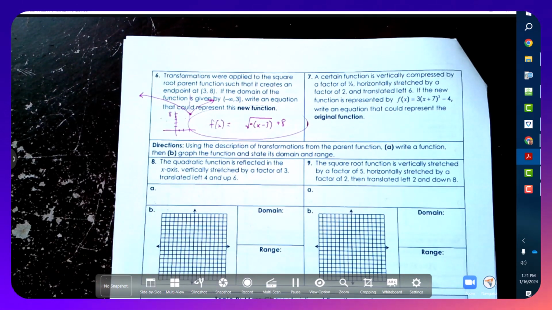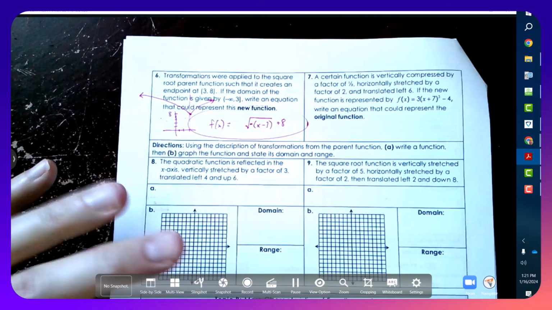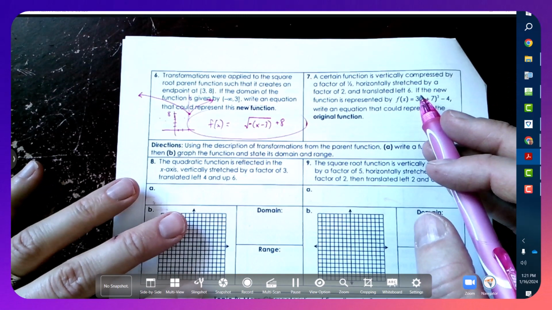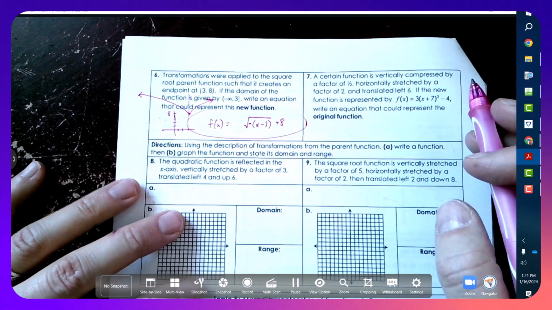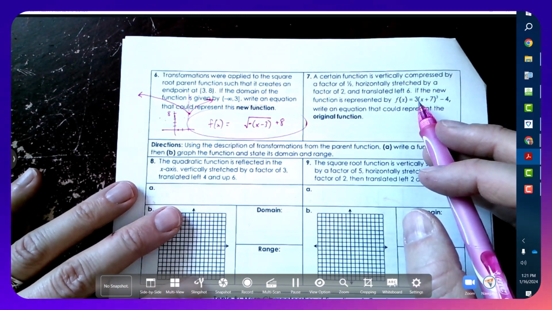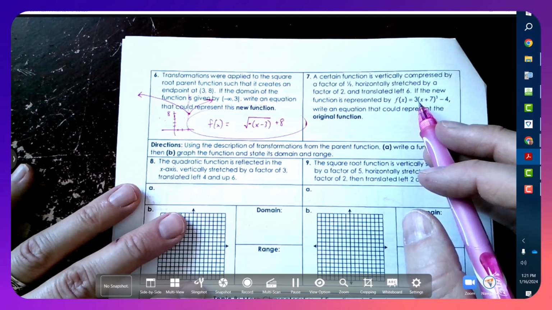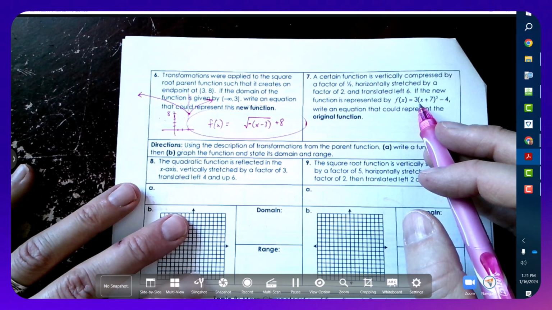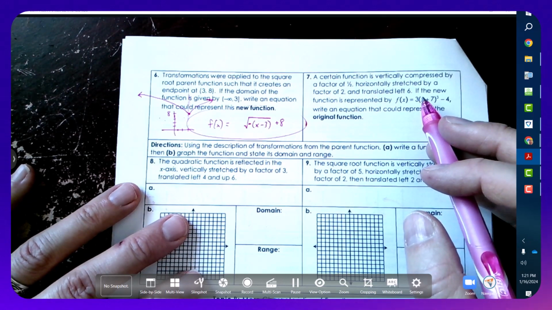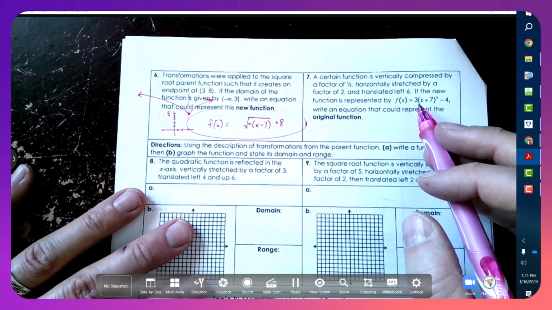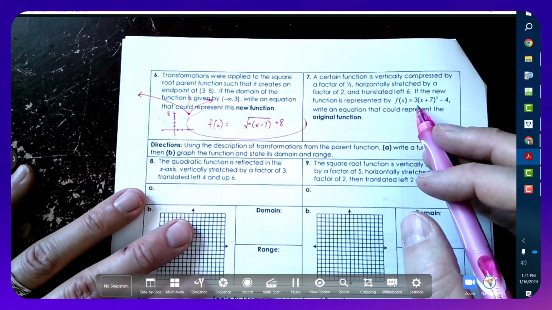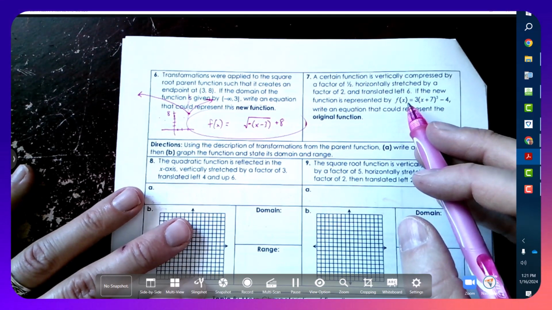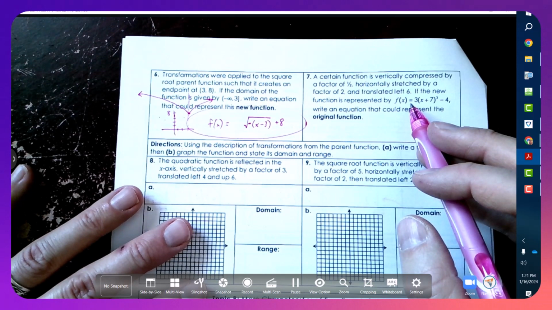What we've got to do is, if the new function is here, what did we do to create the horizontal stretch by a factor of 2, translated to the left 6?